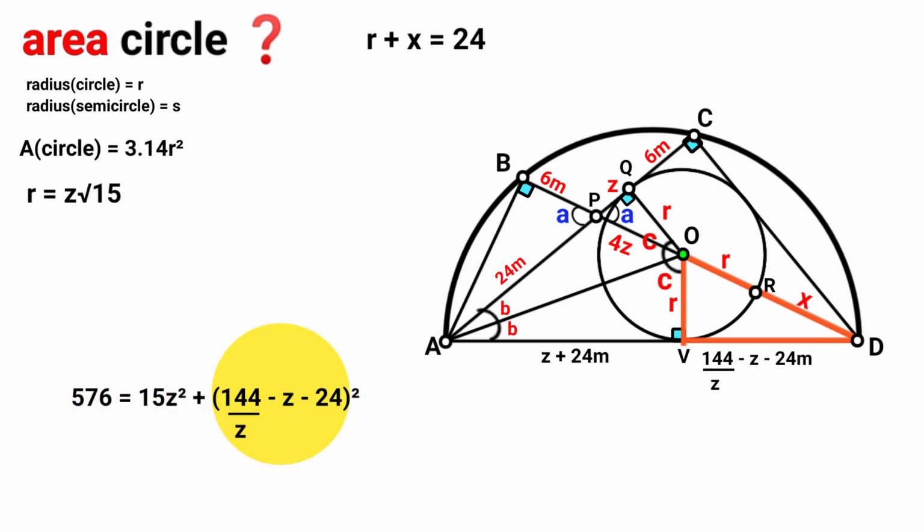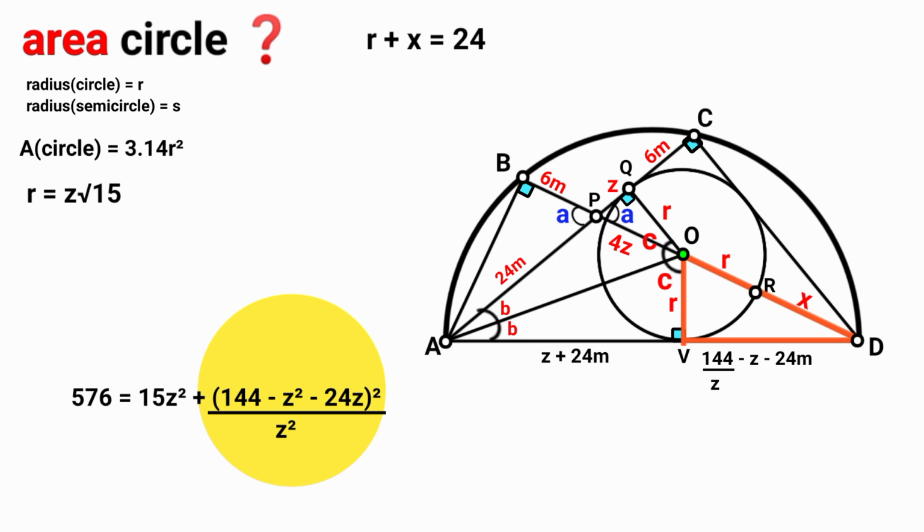Here 144 over z minus 24, simplifying into a single fraction, is 144 minus z squared minus 24z all over z. 144 minus z squared minus 24z all over z all squared is 144 minus z squared minus 24z all squared all over z squared.